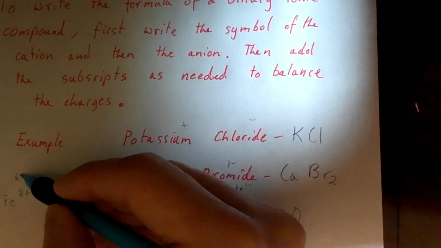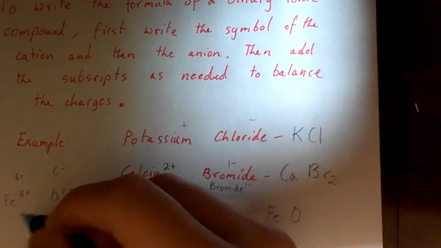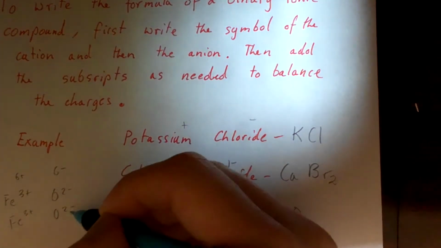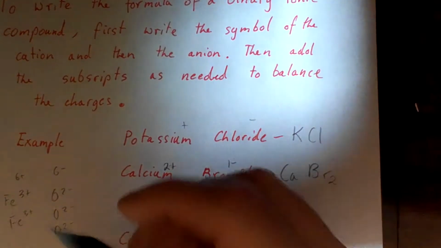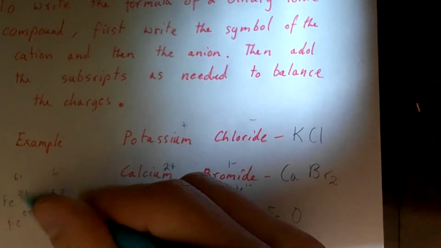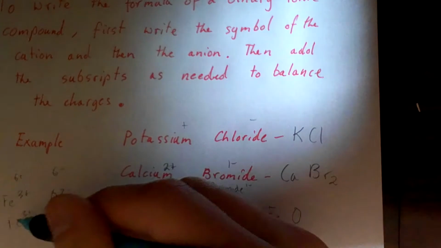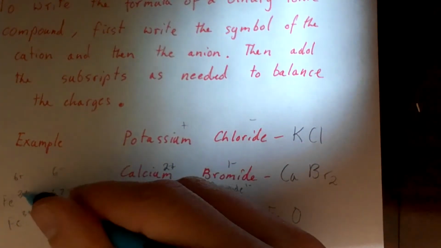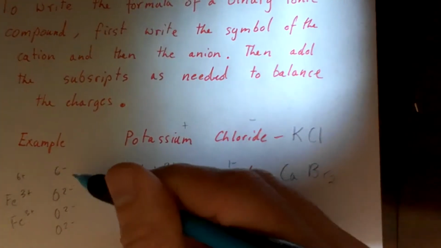So I have to have 6 positive and 6 negative. I'm going to add another Fe3 plus, another O2 minus, and another O2 minus. To balance out the charges, 6 plus cancels out 6 negative. I have a 2 to 3 ratio, so I need 2 irons and 3 oxygens.